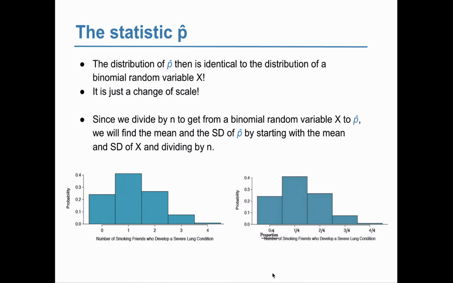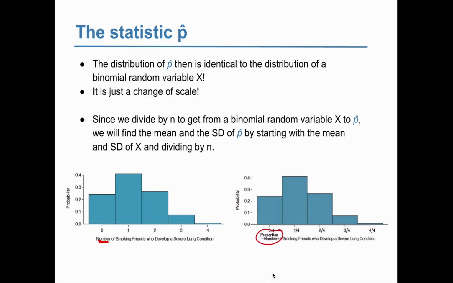So instead of being the number of smoking friends who develop a severe lung condition, we can make this the proportion of smoking friends who develop a severe lung condition. Instead of 0, 1, 2, 3, 4, it's now 0 out of 4, 1/4, 2/4, 3/4, 4/4. And the distribution of p hat is identical to the distribution of a binomial random variable x. It's just a change of scale.